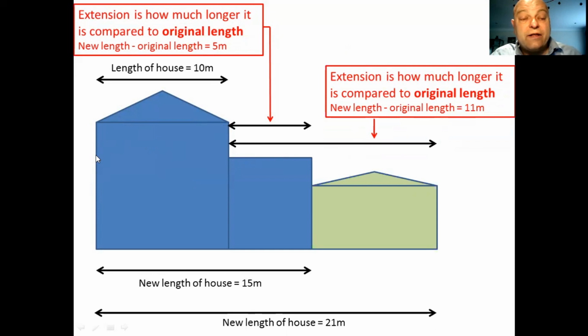The original length was 10. We built a bit of an extension, we built another bit. The extension now is the 21 take away the 10, so the extension is now 11. It is not this extra bit here, it's all of it compared to the original length.